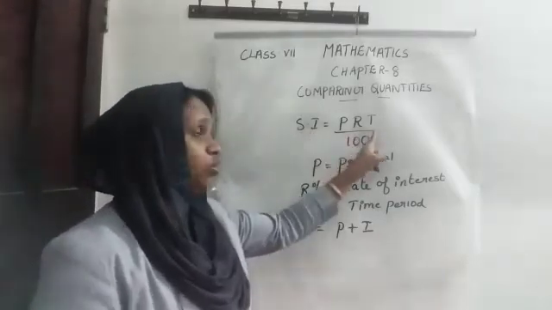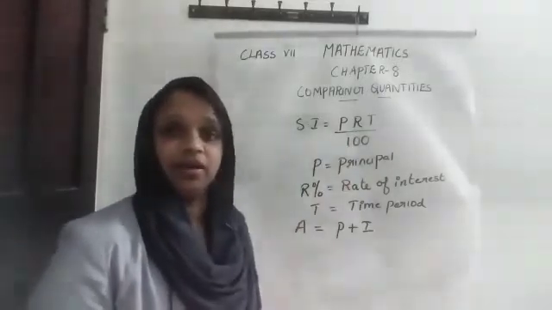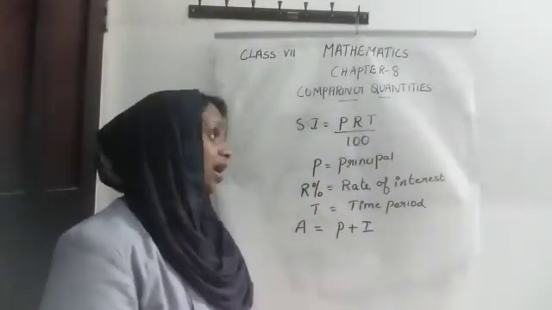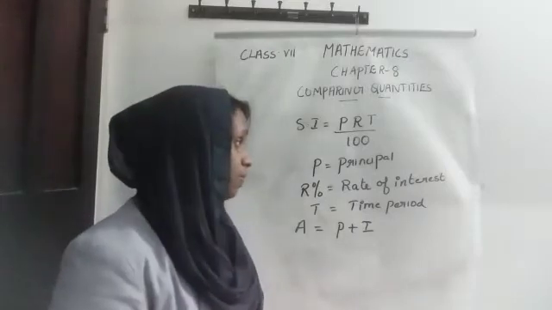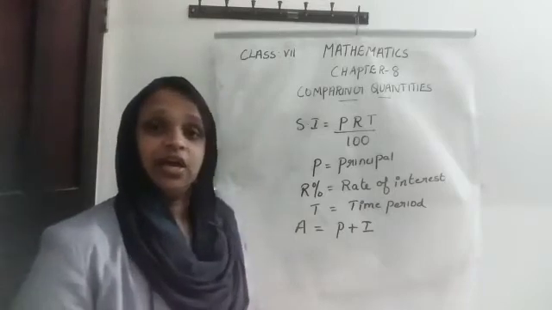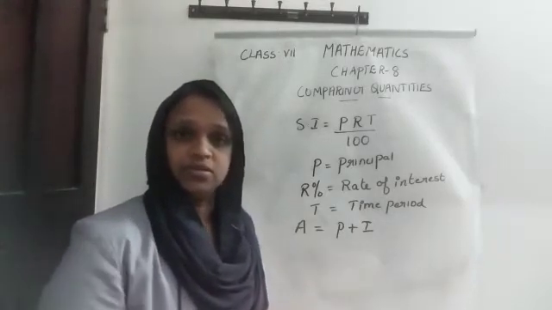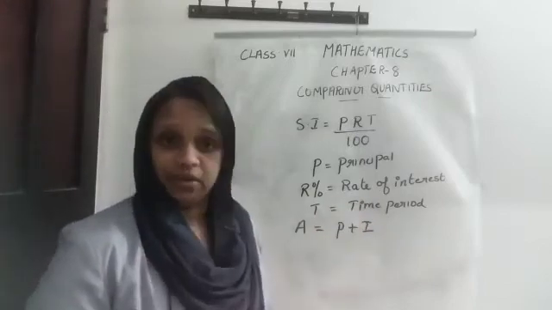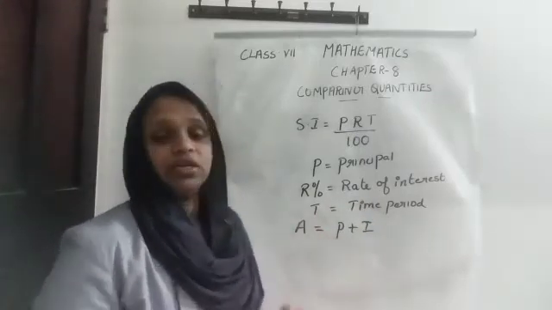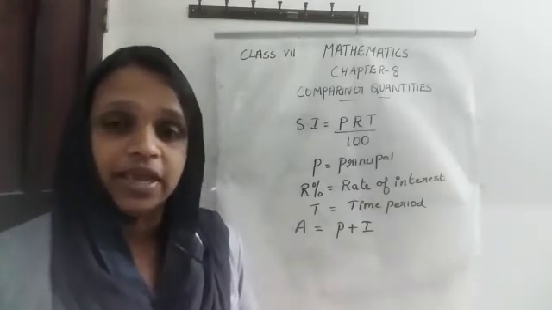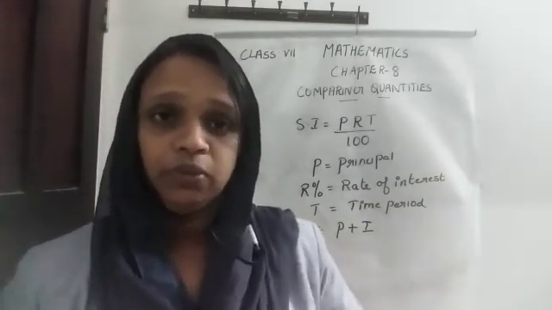Simple interest is equal to PRT by 100, where P stands for principal amount and R percent means it is rate of interest, and T means it is time period. That is for 3 years, for 4 years, like that. And total amount is principal amount plus interest. That is total amount. Now we can move on to the problems.